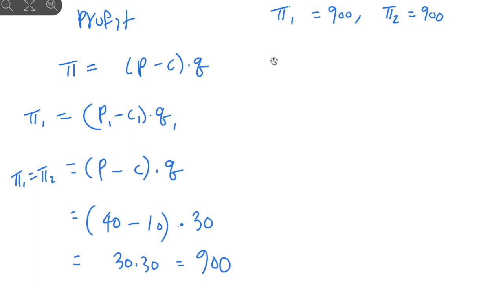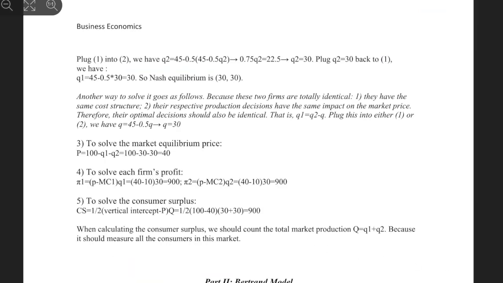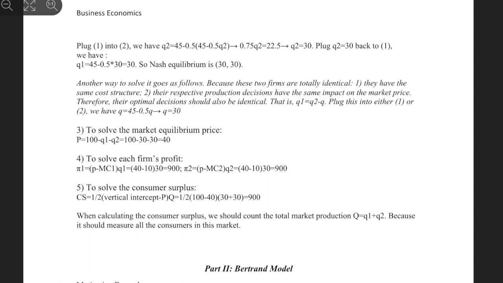When we look at the market combined, pi 1 plus pi 2 is what? 1800 if we look at the total society. And let's get the last one. We want to solve the consumer surplus, and we can sum up all the consumer surplus and the firms' profits into social welfare, right?